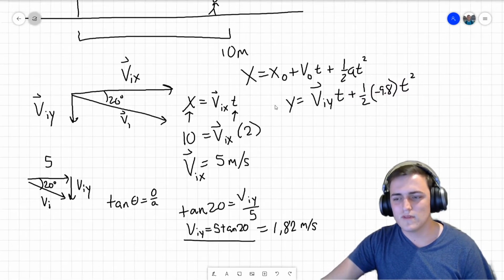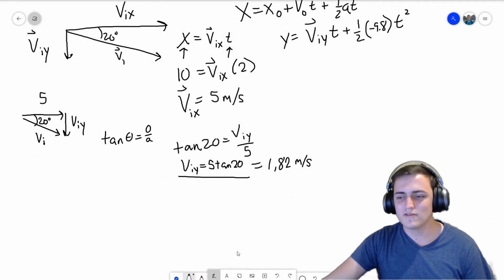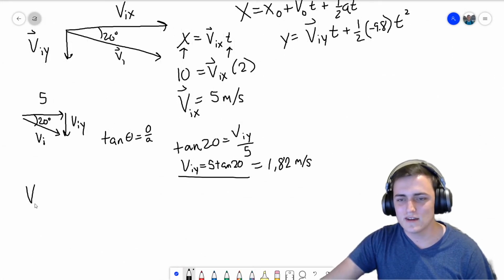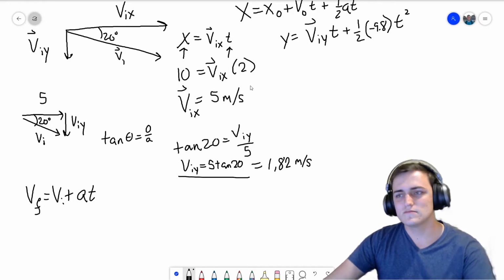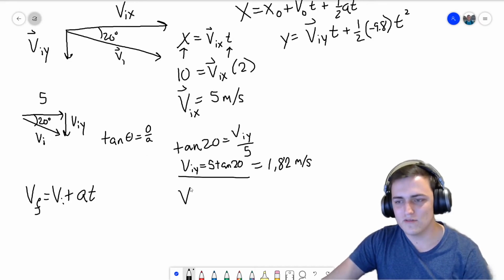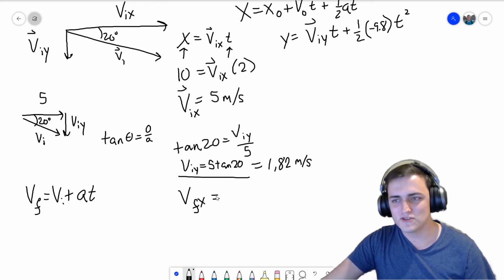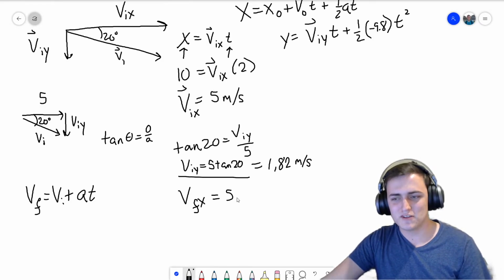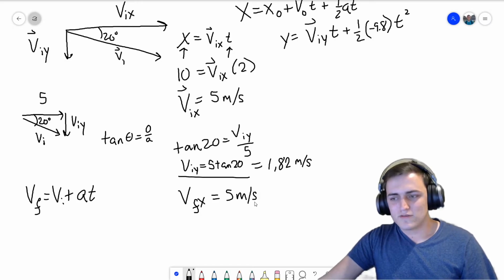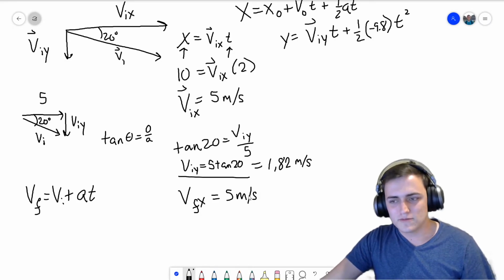Well, the only equation we have really that describes V final is V final equals V initial plus acceleration times time. Well, we can figure out that our V final in the x-axis is V initial in the x-axis, which is 5. Well, x-axis experiences no acceleration, so our final x component is still just 5.